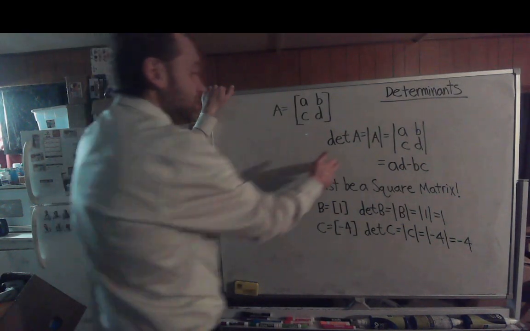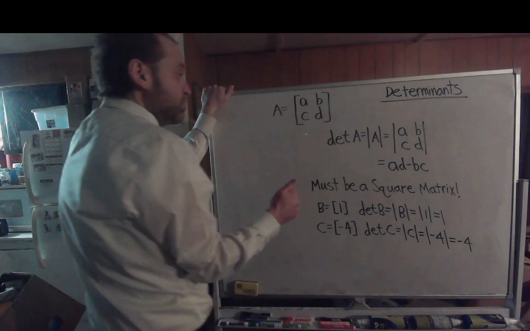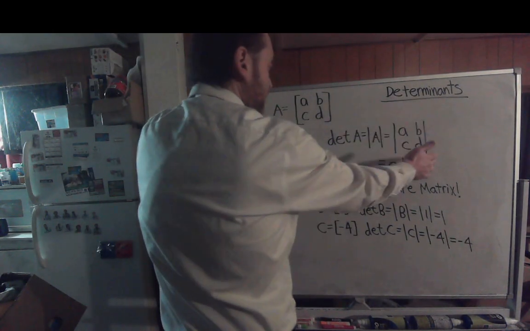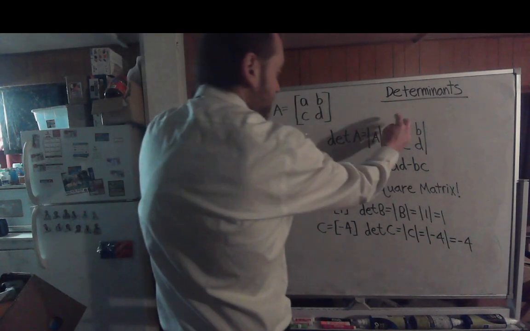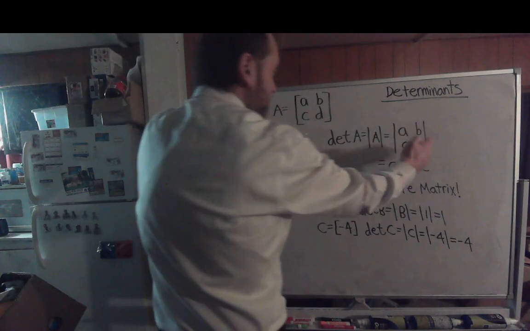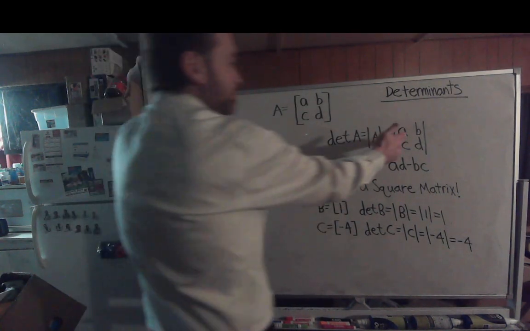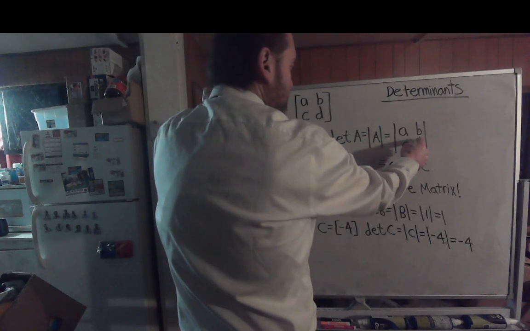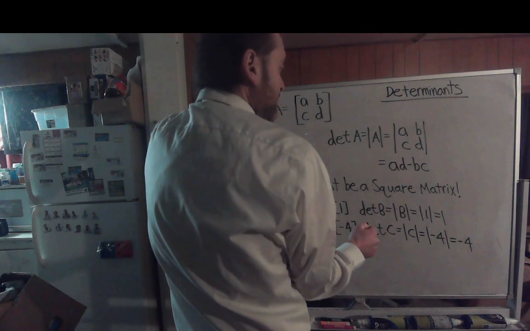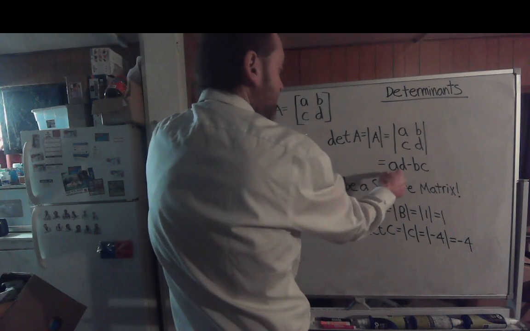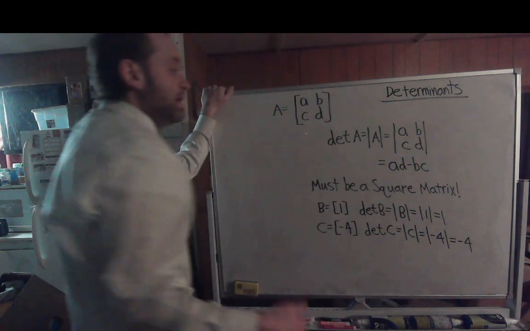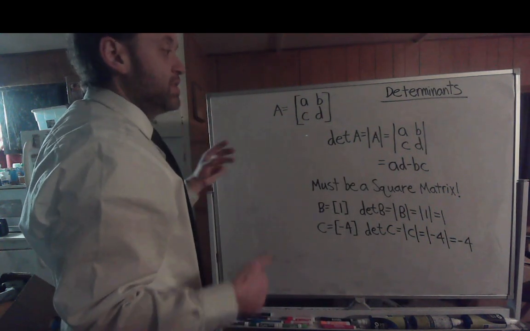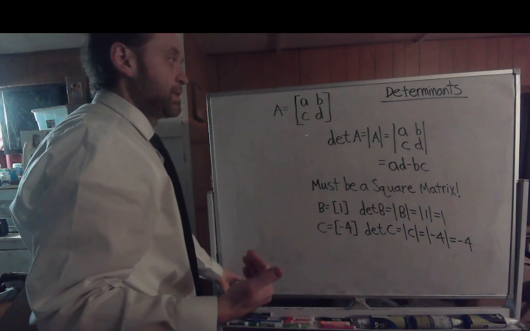To find it, you take what looks like big absolute value notation instead of the brackets, with A, B, C, and D inside. Then you take A times D minus B times C. That is the value of a 2 by 2 matrix.